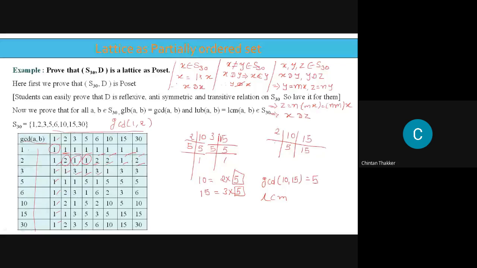If we divide by 3, 5 stays as it is because 3 does not divide 5, but 3 divides 15, so here we have 5. Now we divide by 5. So we got 1 and 1 at both places. When we get 1 and 1, multiply the prime numbers, it gives you the LCM. So 2 into 3 is 6, 6 into 5 is 30. So the LCM of 10 and 15 is 30.